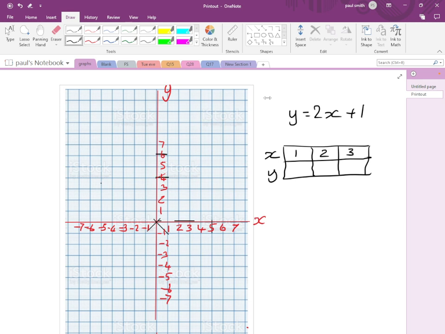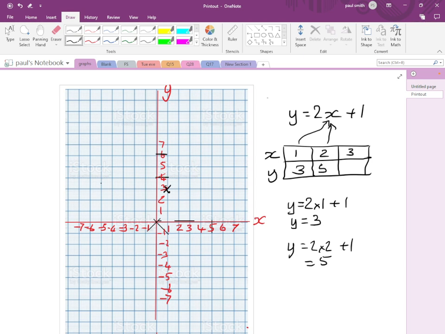So we do the first one, which is y equals 2 times x, which is 1, plus the 1. So it's 2 times 1 is 2 plus 1, so y equals 3. So there is the value of y when x is 1. So we'll plot that 1, 3. We do the second one. We'll put the number 2 in there. So now y equals 2 times 2 plus 1, which is 4 plus 1, which is 5.